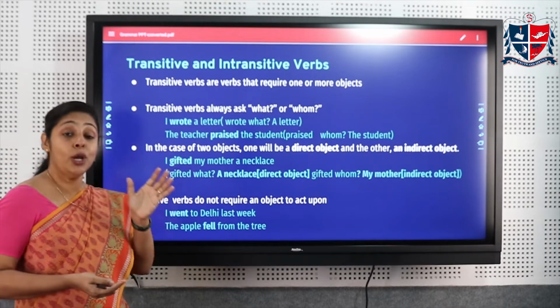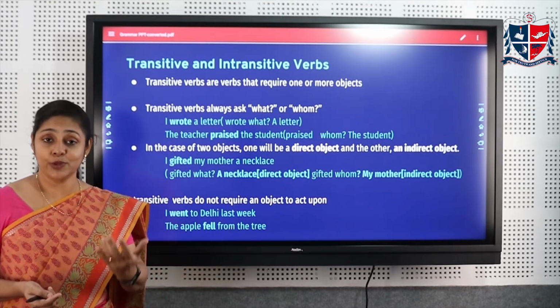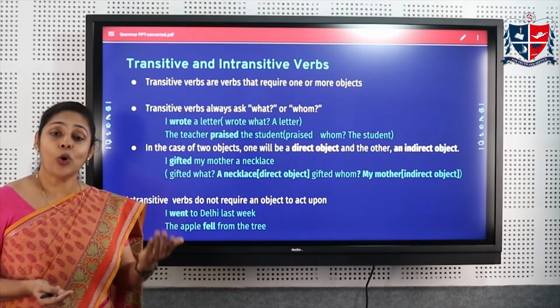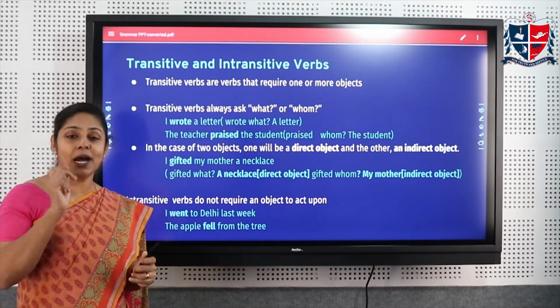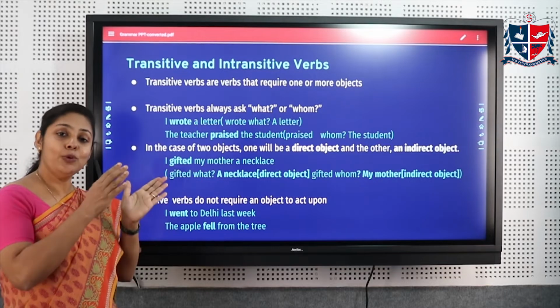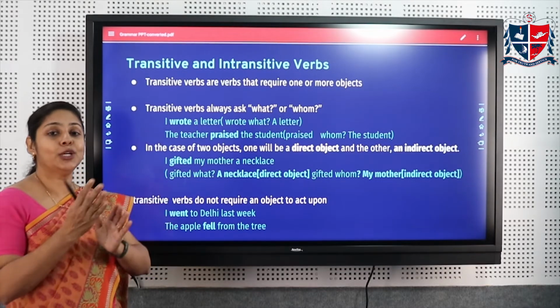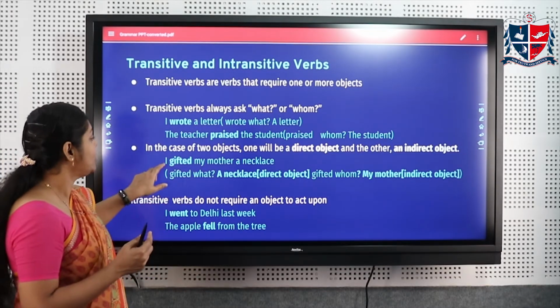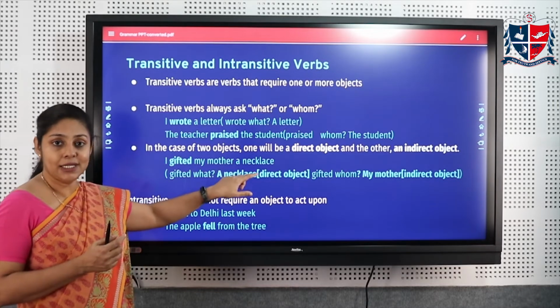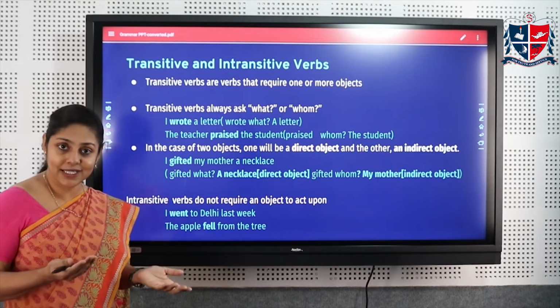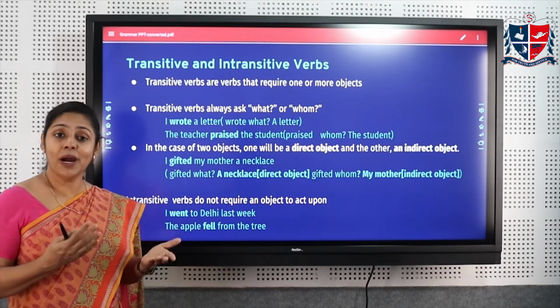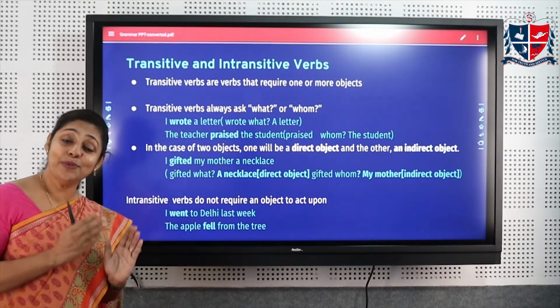And you find out whether a verb has an object by asking the question what or whom to this verb, right? Suppose a verb has two objects. There will be one direct object and the other would be the indirect object. So, I gifted my mother a necklace. You ask the question, I gifted what? A necklace. I gifted whom? My mother. So, you're getting an answer to both the questions.